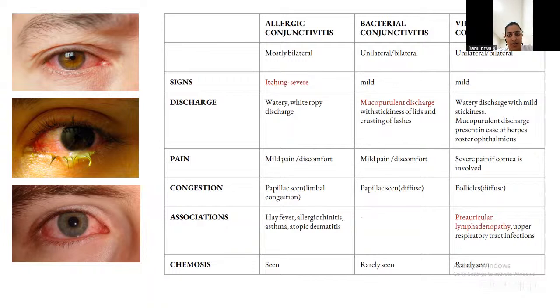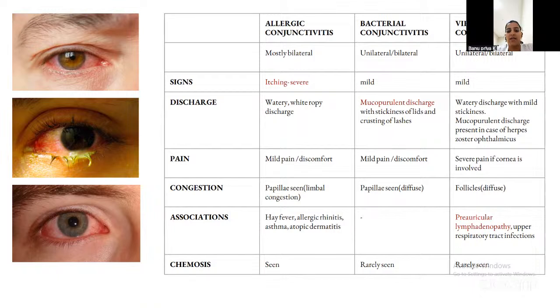In bacterial conjunctivitis, mucopurulent discharge is the hallmark sign. If a patient is coming with a red eye with mucopurulent, yellowish, greenish discharge, it could be an indicator of bacterial conjunctivitis. Here also papillae will be seen, and mild to moderate pain would be there. Chemosis will not be seen in bacterial conjunctivitis, but it is seen in allergic conjunctivitis.